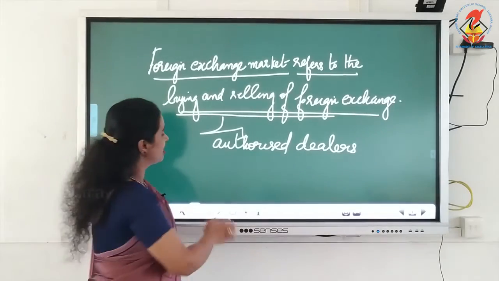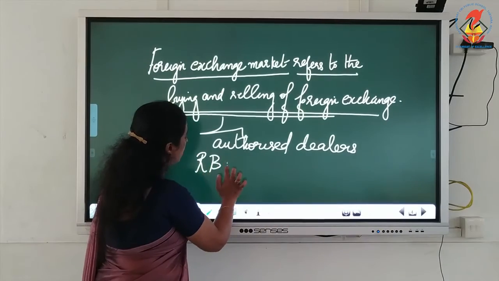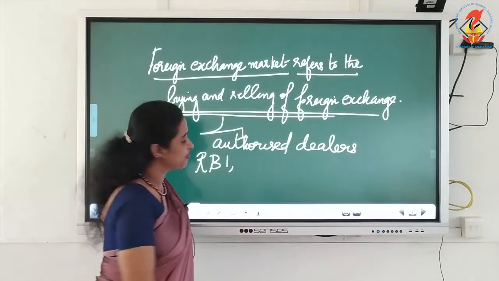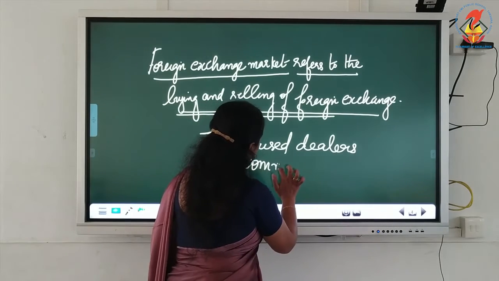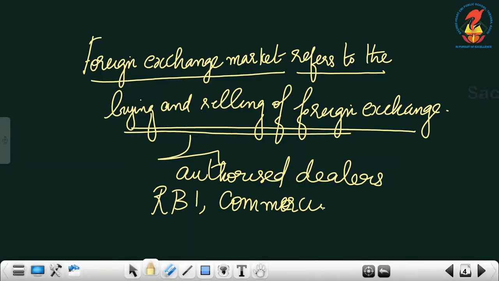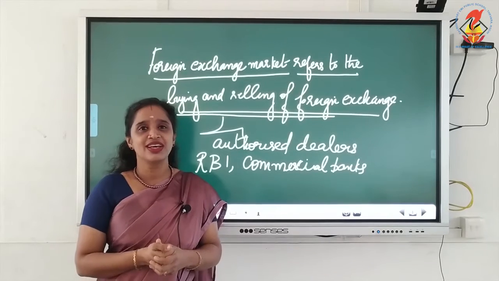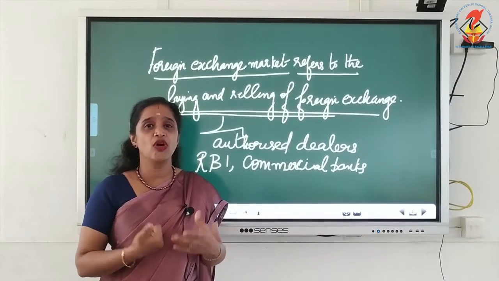The authorized dealers are RBI of all the countries, commercial banks of all the countries, then investors who are involved in the foreign exchange market, other financial institutions. I gave so many examples about the authorized dealers.